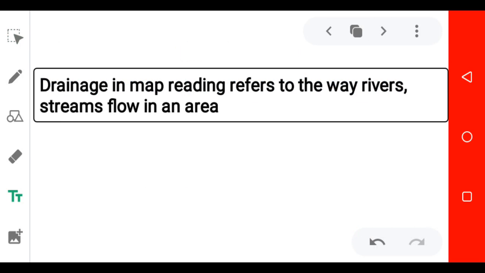Drainage in map reading refers to the way rivers and streams flow in an area, where they take their source from, where they flow into, how they flow, and the patterns they make. All of that is what is involved in drainage.